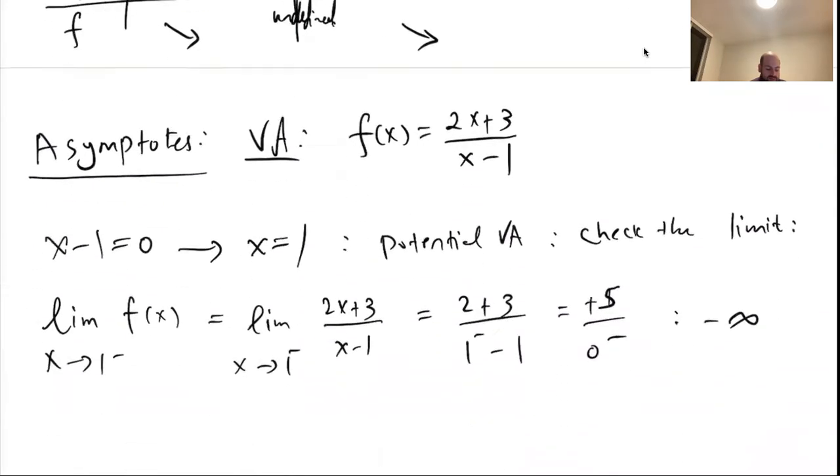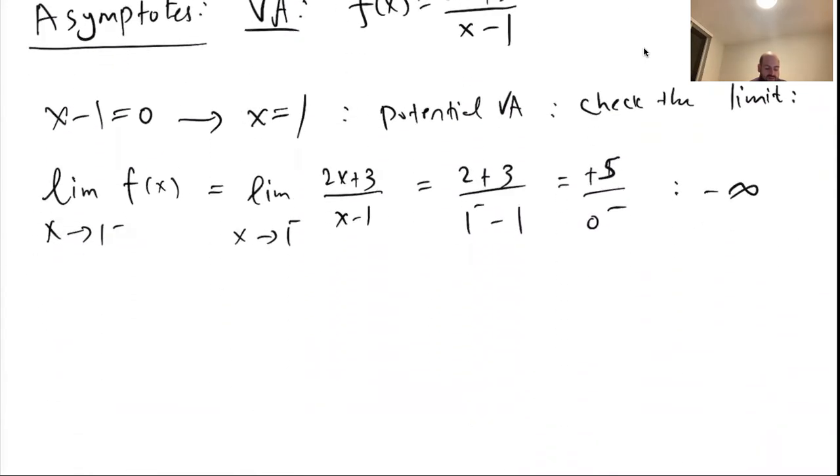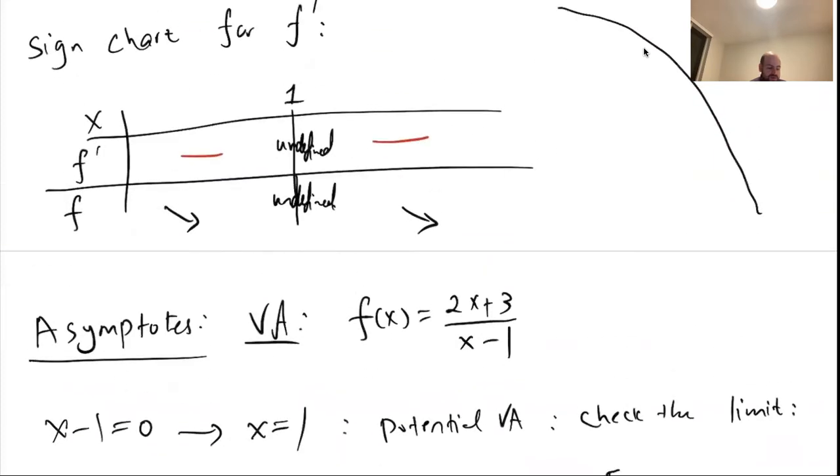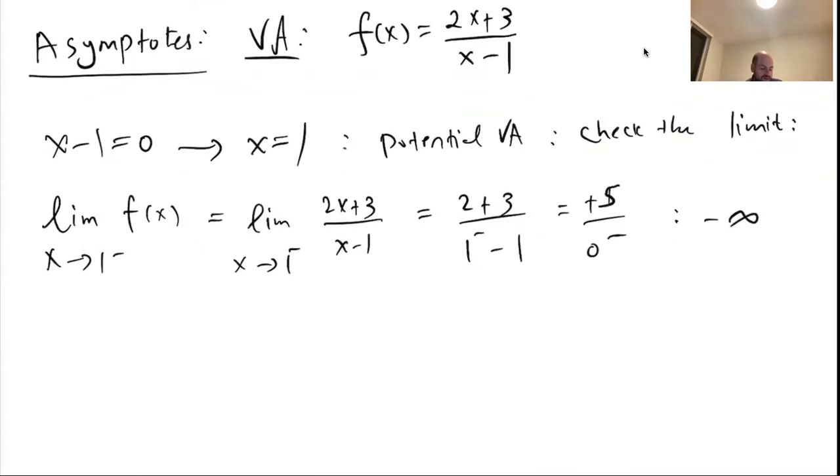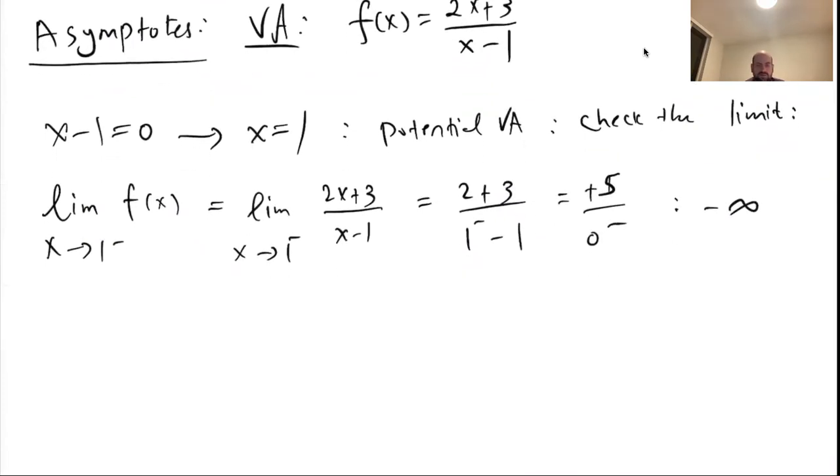So that's why I was doubtful about the plus infinity that I got in the beginning. That's why I realized that there should be some calculation mistake. And then I realized that the function was 2x plus 3 over x minus 1, and I corrected the calculation. So if you always compare all the results that you have, the sign chart and the other calculations, and check that they are consistent with each other, it's always helpful. If these two things are not consistent, then you can guess that there should be a calculation mistake and you can correct it.